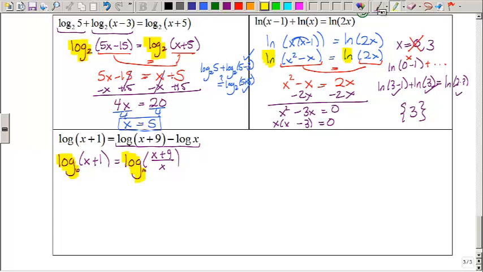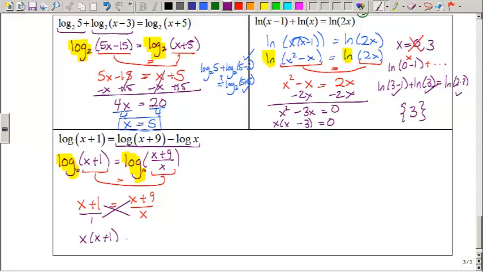There is no constant term here whatsoever. So because it's log equals log, I can take the two arguments and set them equal to each other, which leaves me with x plus 1 equals (x plus 9) over x. One fast way to solve is to put the left-hand side over 1 and cross multiply, which leaves me with x times (x plus 1) equals 1 times (x plus 9).